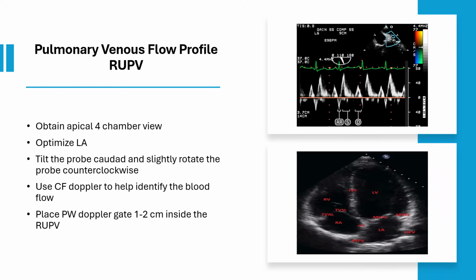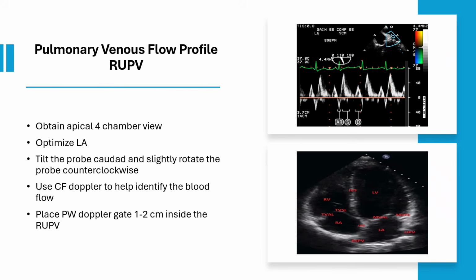In order to image the right upper pulmonary vein, you first obtain classical apical four-chamber view, followed by optimization of the left atrial image. You will probably need to tilt the probe more towards the feet or caudad, and may need to rotate the probe slightly counterclockwise. The right upper pulmonary vein will be coming in a more vertical position into the left atrium as shown on the image on the bottom right.